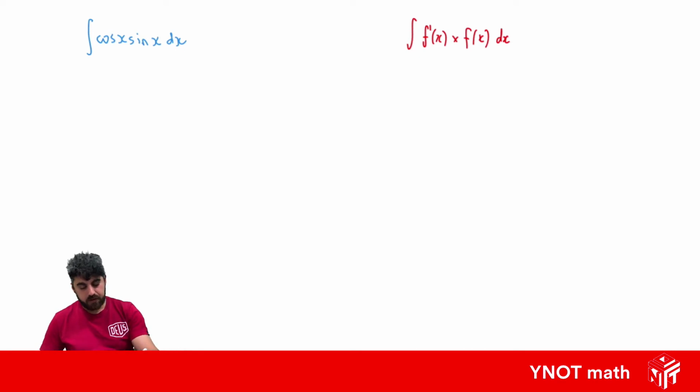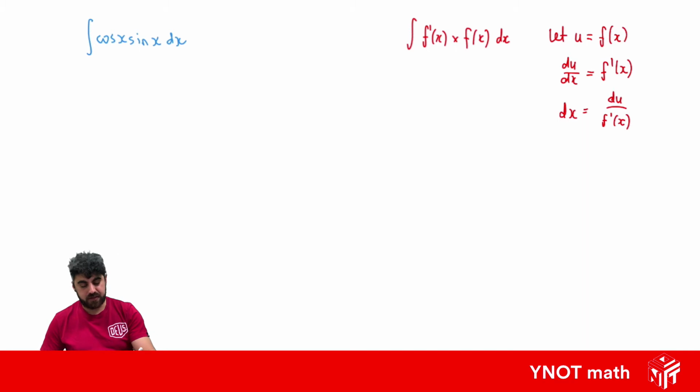Just to see what happens, we can let u equal to f of x, which means that du dx, just the derivative of f of x, is going to be f dash of x, and making dx the subject, we'll get du over f dash x.